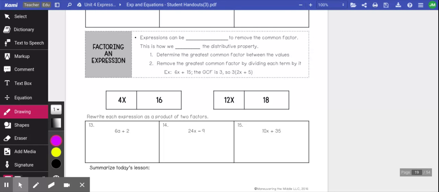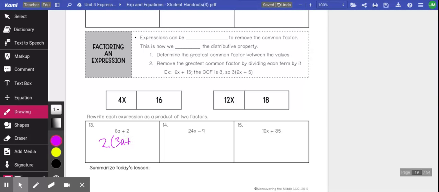So if I have 6a and a positive 2, I'm looking for factors that could come out of that. Well, when I see the number 6 and 2, I know I could divide them both by 2. So if I pulled out the 2, then I would divide 6 by 2 and get 3. So inside the parentheses, I would have a 3a, right? I still have that coefficient with that variable a.